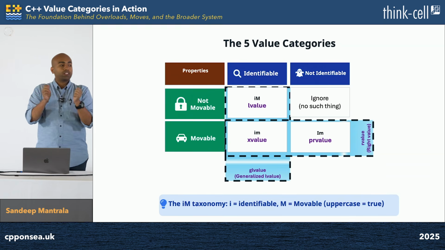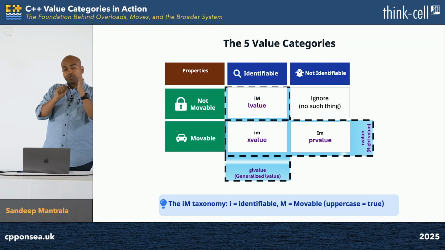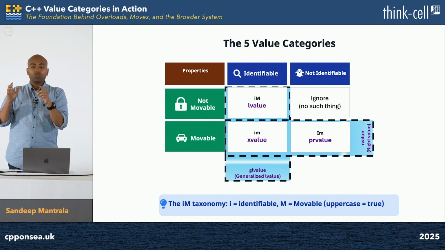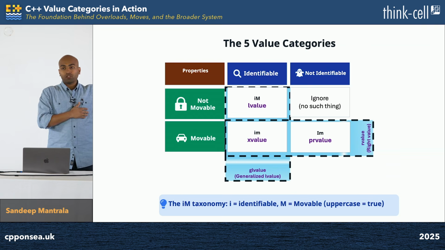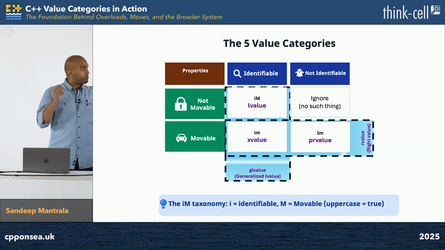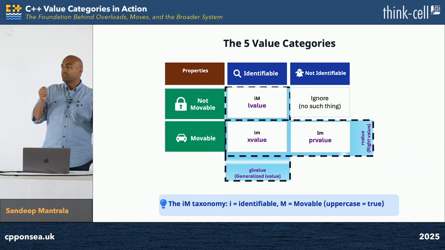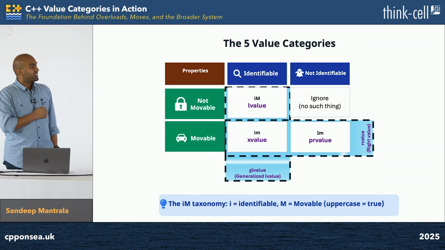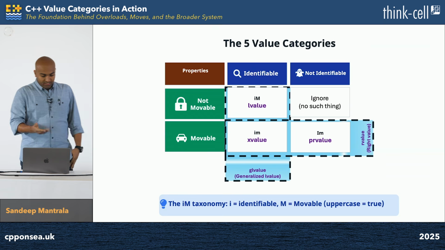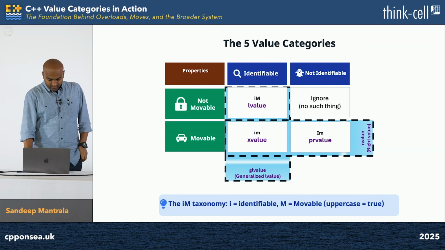This is a new category which we want to be considered as R values itself. So even though we have X values and PR values, the fundamental notion of what an R value is still holds for both of them. That is why the naming is like this. Okay, so X stands for expiring values here.